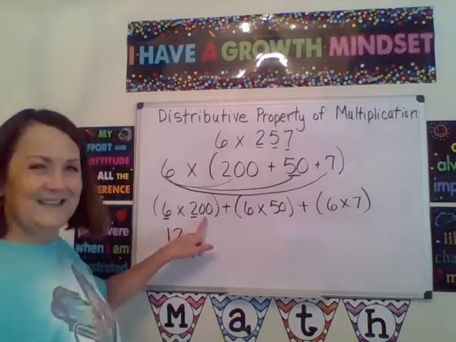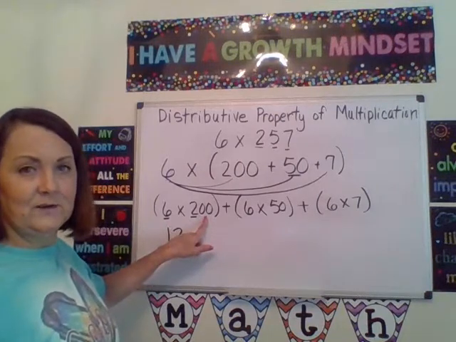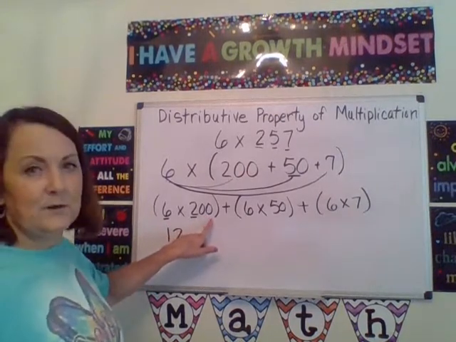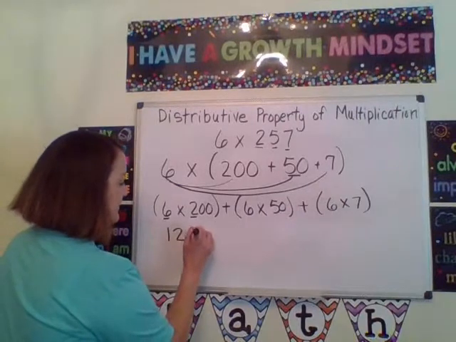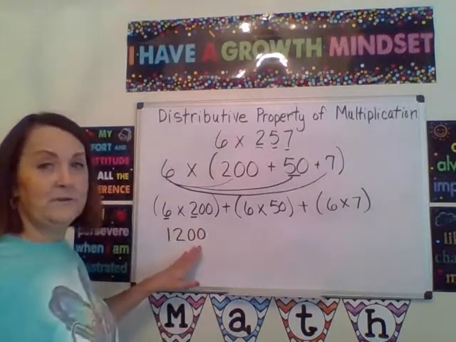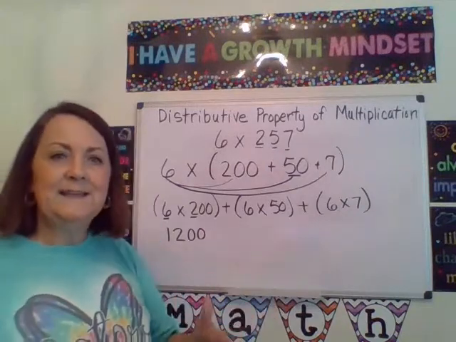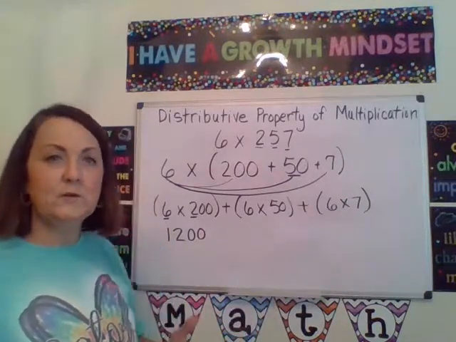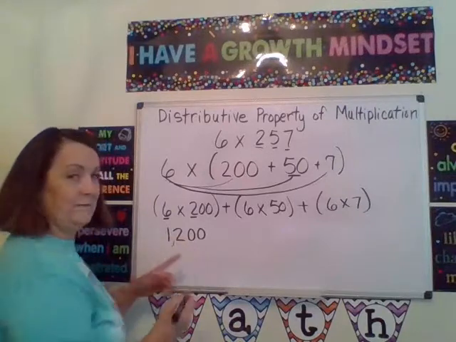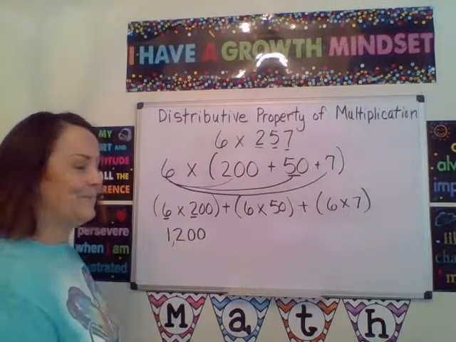And because this number is a multiple of 200, it has 2 zeros. We are going to put those 2 zeros on the back of the 12. So really, 6 times 200 is not 12. It is 1,200, or some people say 1,200. And don't forget your comma.